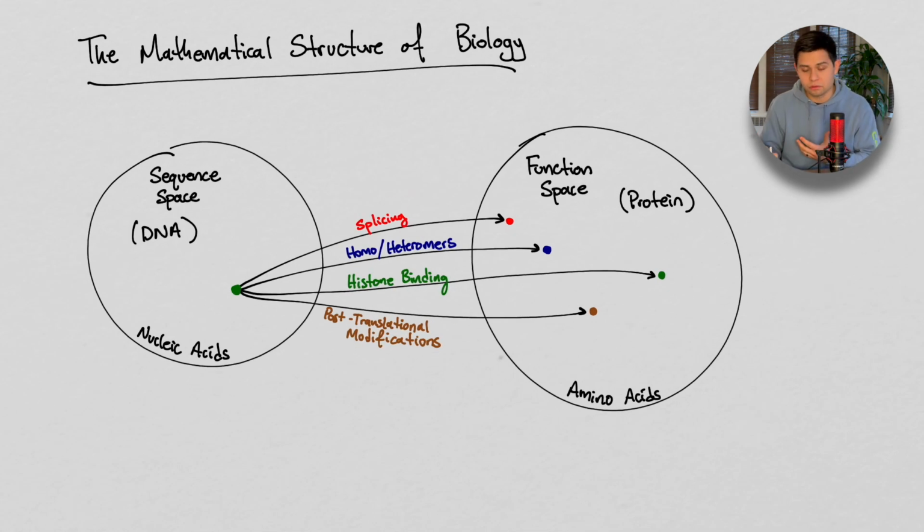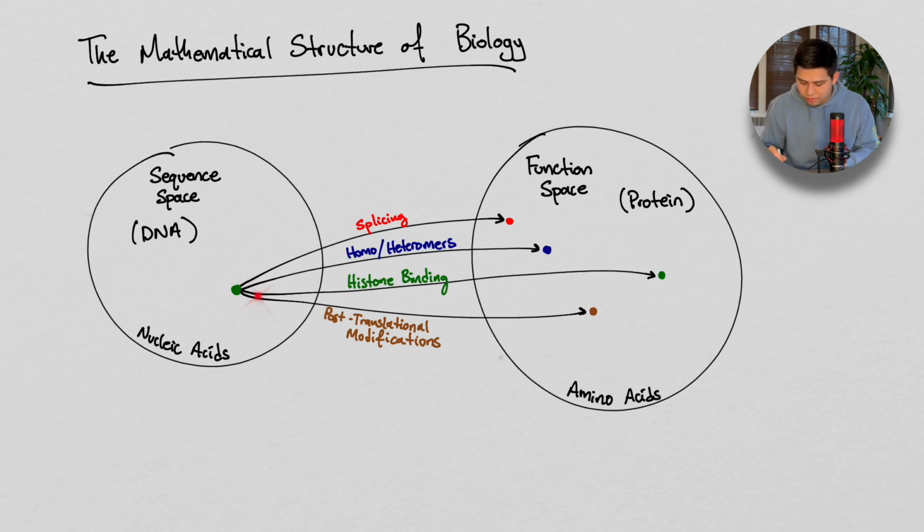One mechanism is through splicing, right? So you transcribe some nucleic acid, and then you take chunks of it out, right? And you glue the rest together. That's splicing. Okay. And depending on which chunks you take out, you create a different type of protein, right? Creating homomers or heteromers, right?